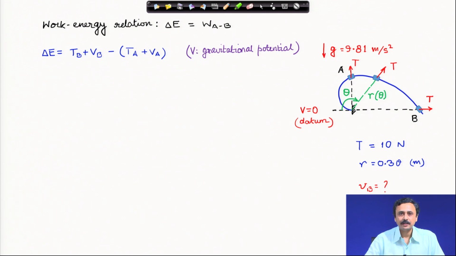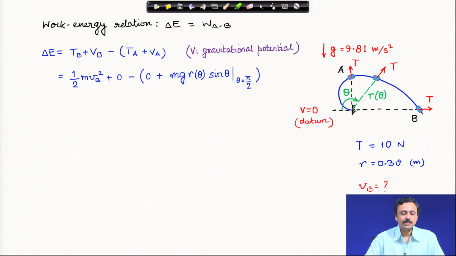The kinetic energy at B plus the potential energy at B is the net mechanical energy at B, minus the net mechanical energy at A. Again it is composed of kinetic and potential energies. Here V is the gravitational potential energy.